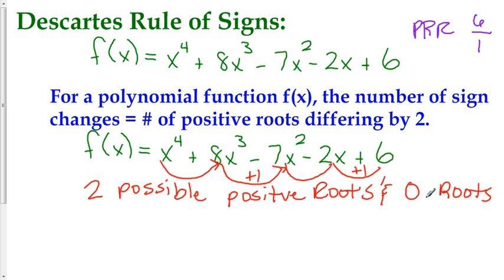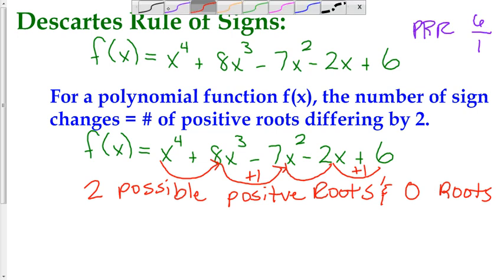If you had 20 sign changes in the polynomial function, then you could have 20 possible positive roots. You could have 18, 16, 14, 12, 10, 8, 6, 4, or no positive roots, because it always has to differ by 2, starting with the largest one.